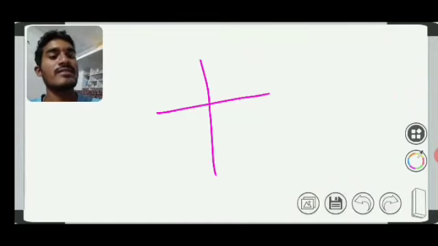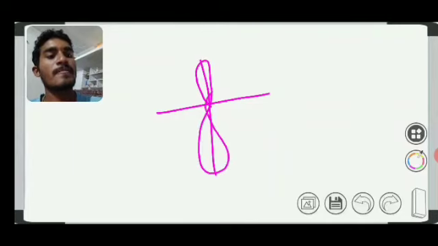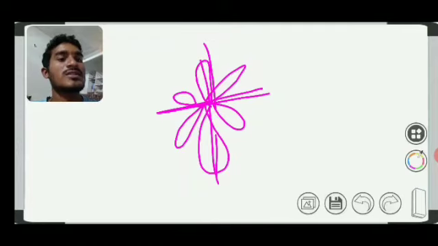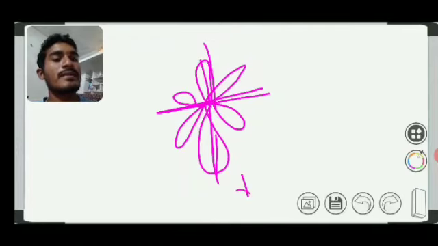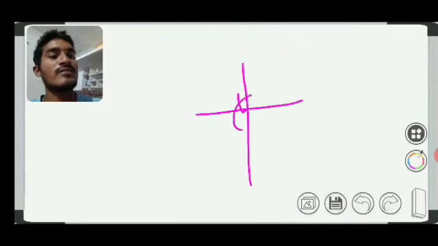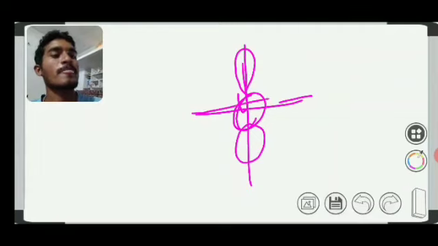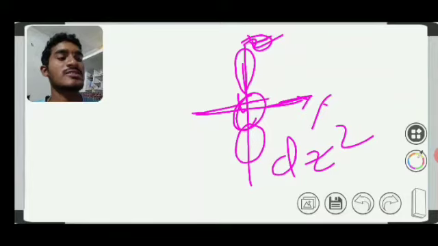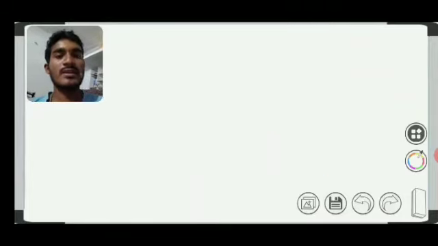Next, this is different, it will be present on the axis, this is dx square minus y square. Next, when we come to dz square, it will be different. This is the x axis, this is the z axis, so here this is dz square. All the structures are similar and identical, and the energy will be the same.